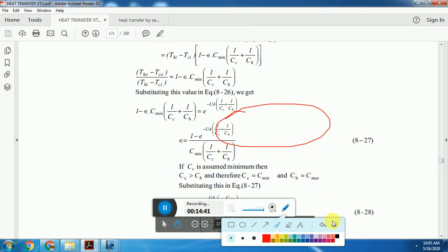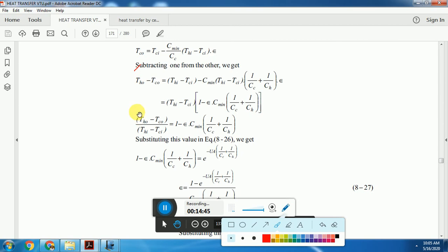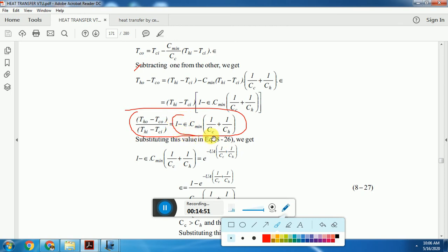Therefore, since the LHS is the same, I will equate the RHS of equation 8.26 with this equation. This will be 1 minus the same term here, and the RHS of equation 8.26 is this one.